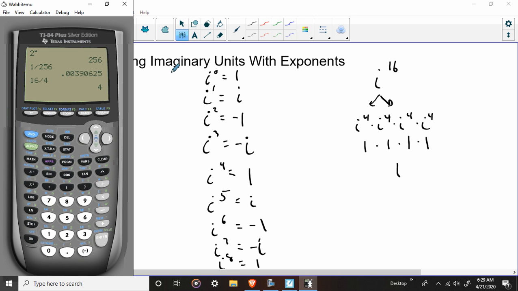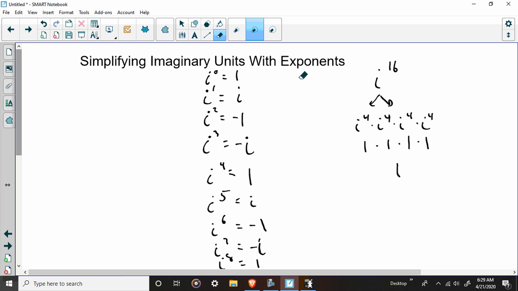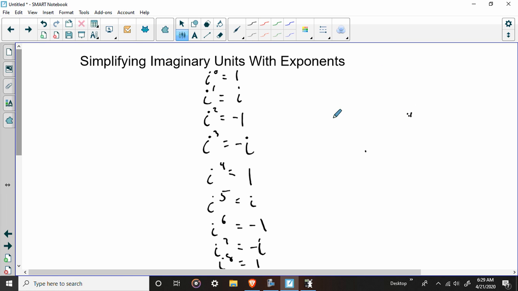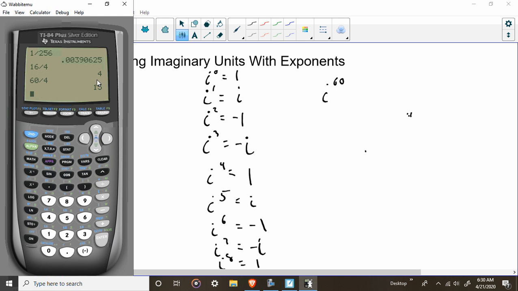Okay? So if I said i to the 60th power, 60 divided by 4 is an integer, right? Yes. No remainder, so this is equal to 1.